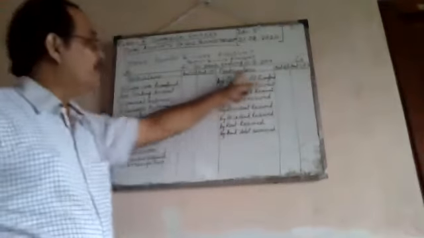Now, how to begin? If there is a gross loss in the trading account, we transfer it to the debit side, because expenses and losses are debited. So: To gross loss transferred from trading account. We put down the loss here.